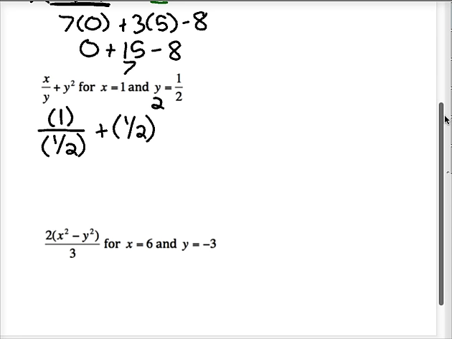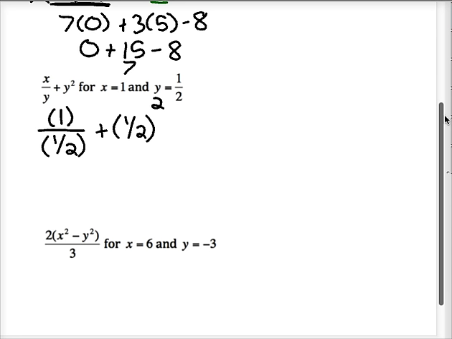P for parentheses. Well, there's nothing happening where there's an operation within a parenthesis, so I'm not going to worry about that. But I do have an exponent. Notice the parentheses around my 1/2. When you're typing that into the calculator, make sure you do the same thing. Put the 1/2 in parentheses and then raise it to the second power.